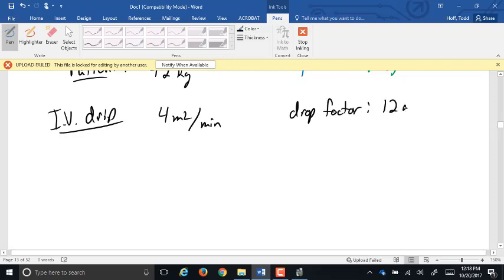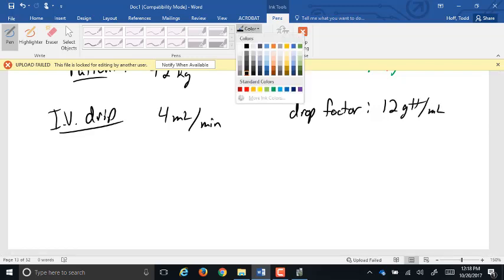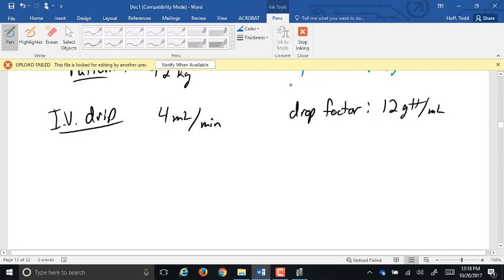You have a drop factor, 12 drops per milliliter. Your infuser requires you to program it in drops per minute.